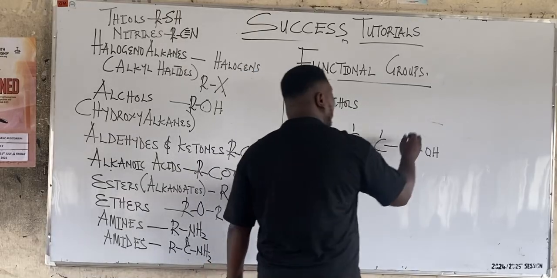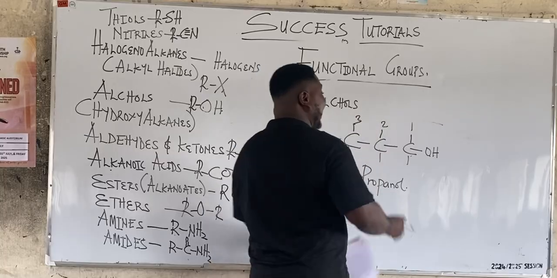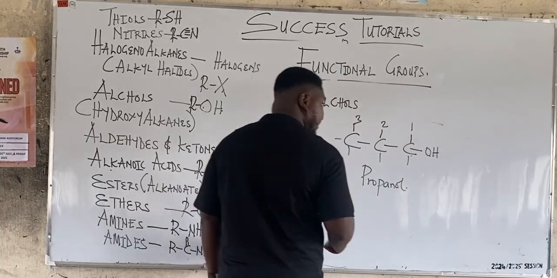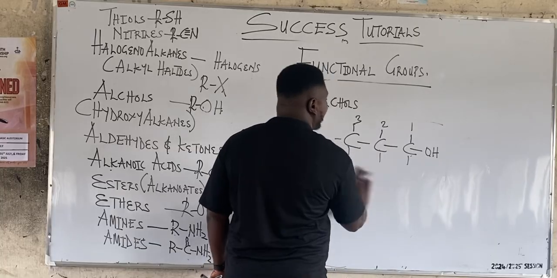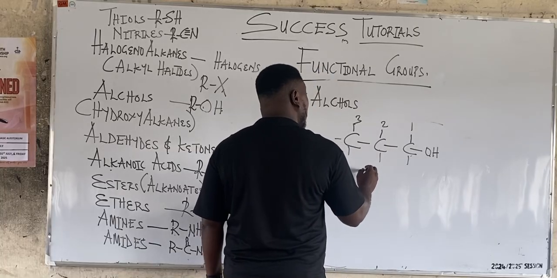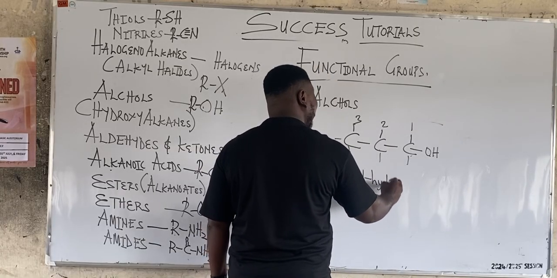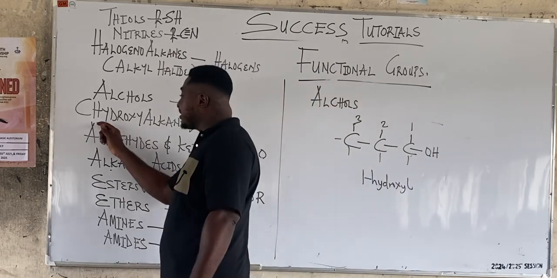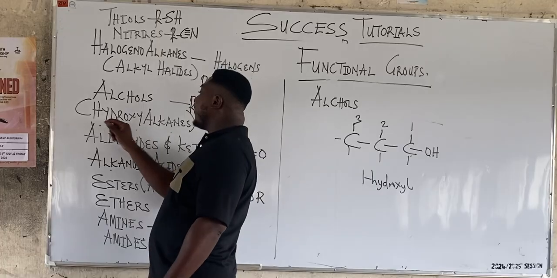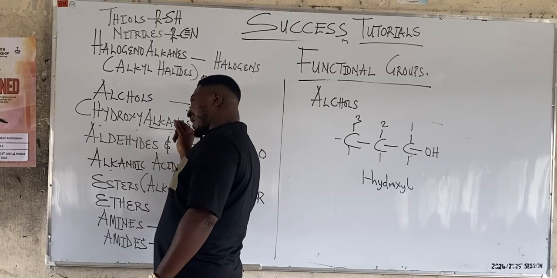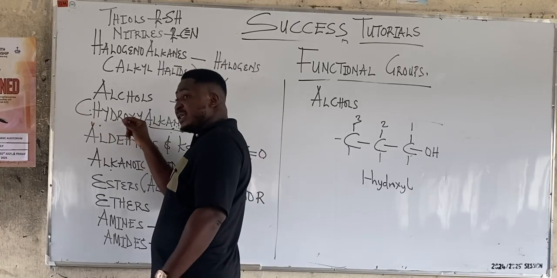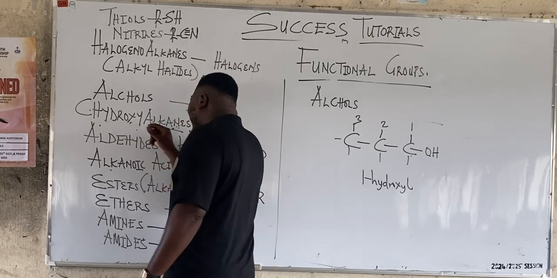But this same guy can be called 1, 2, 3. Notice that I try counting from 1, where everybody knows the functional group is, right? 1, 2, 3. Class, follow me. This now becomes 1-hydroxy, 1 what? I want to mention the hydroxy group first, naming it as hydroxy before alkane. So in this format, the naming will begin with the hydroxy position, 1-hydroxy, and the alkane name will end it.